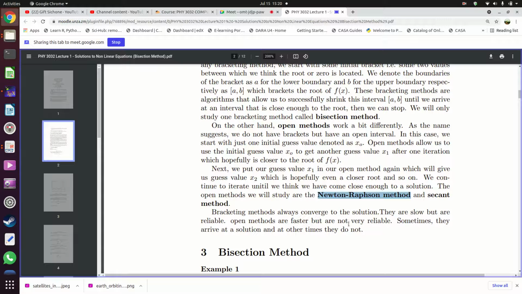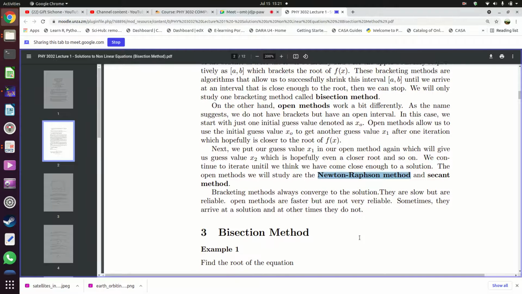With an open method, sometimes you will arrive at an answer, and sometimes it can take you away from the answer. So there is no guarantee that there's going to be convergence. It depends on how you've chosen your guess solution and also what kind of function you're looking at. So sometimes you might converge to a solution, other times not so much.